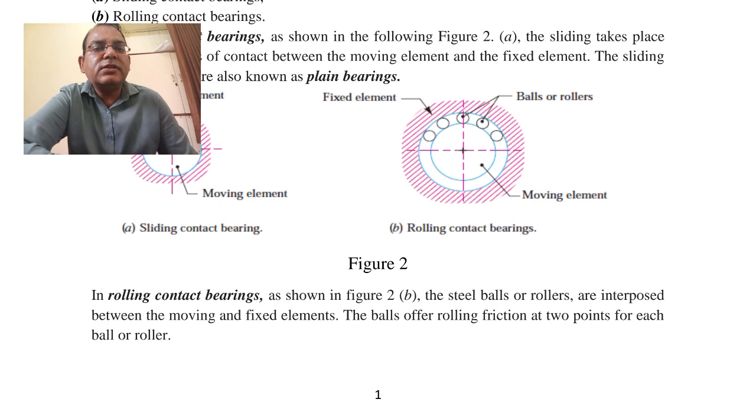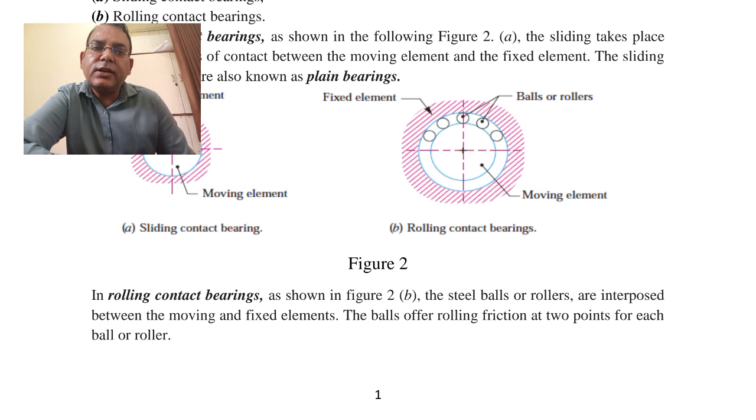So the basic difference is that in sliding contact bearing, one surface slides over the other surface, resulting in friction and wear and tear. To reduce this friction and wear and tear, we use lubrication. We can use water, oil, etc. to separate the surface of the shaft and the surface of the bearing.